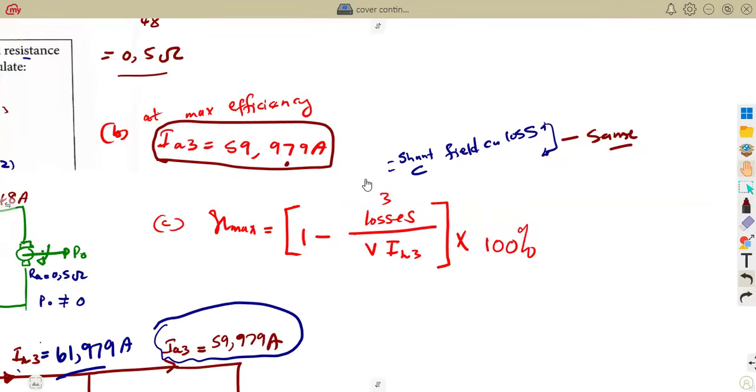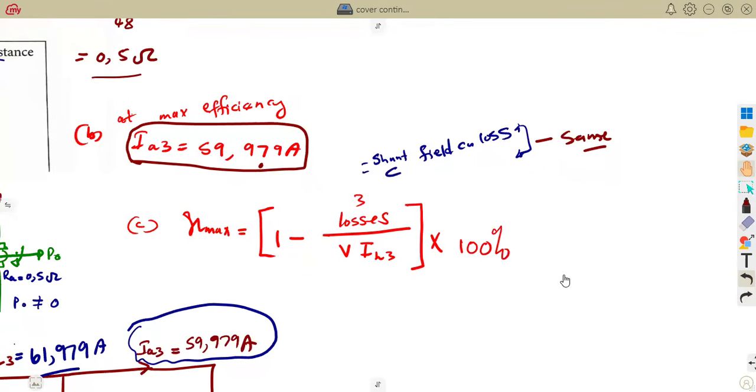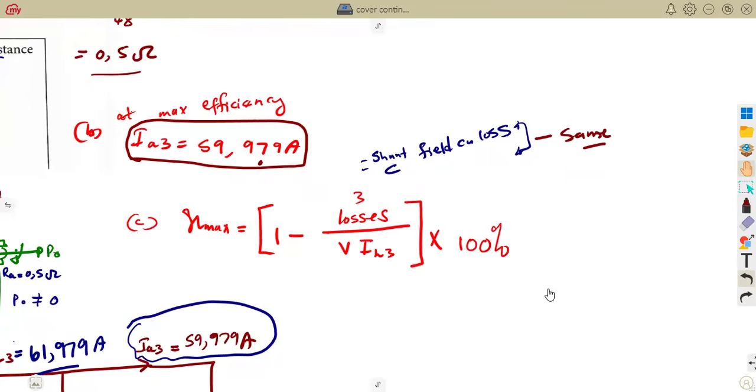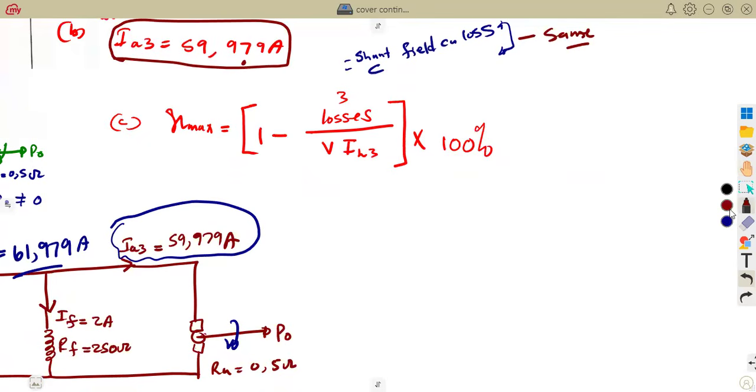So let's add the third loss, because these two are the same. So we are going to need what? The third one, which is the armature copper loss at maximum efficiency. Let's hope we'll be able to finish our questions, guys.